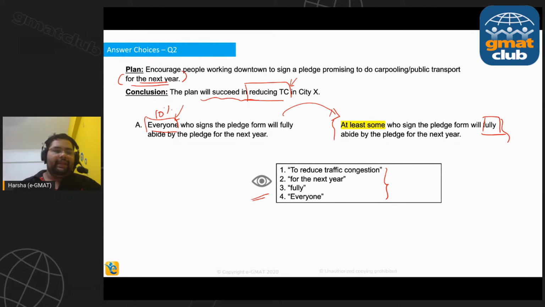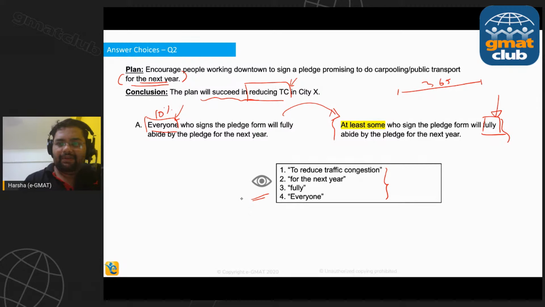You don't need anybody to fully abide by the pledge, right? In this entire next 1 year, 365 days, let's say, do people have to fully abide by the pledge? Even if there's only one person who signs the pledge, if that person abides by the pledge, let's say 10% of the time, even then you will see some kind of traffic reduction, right?